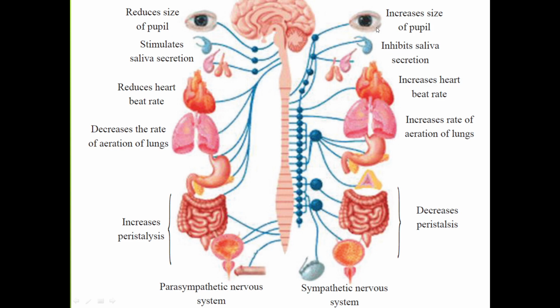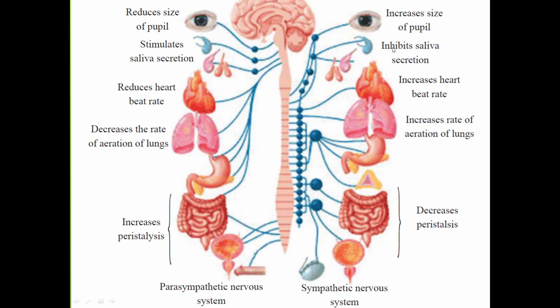When you are getting afraid or facing a new challenge or some sudden situation, your pupil becomes large. That is because of the sympathetic nervous system. It happens automatically. Then the parasympathetic nervous system reduces the size of the pupil. That's why I told you these two systems control activities opposite to each other.